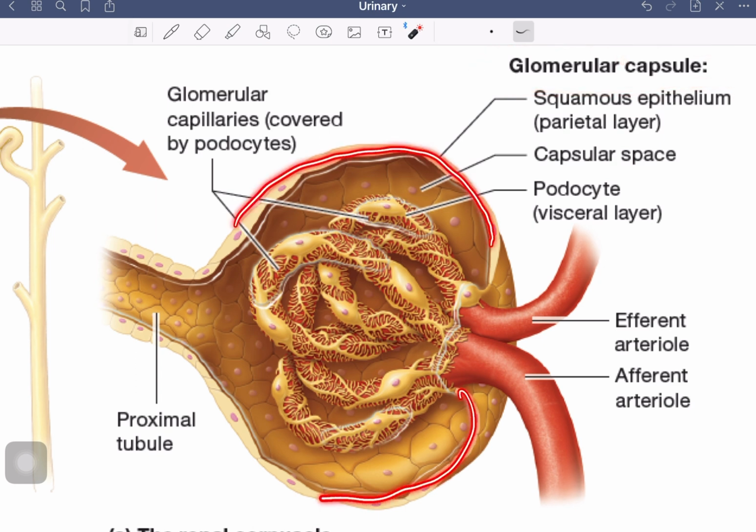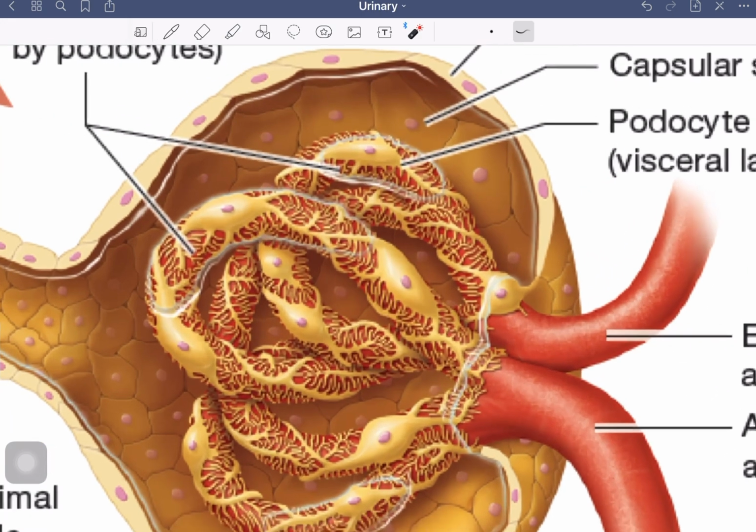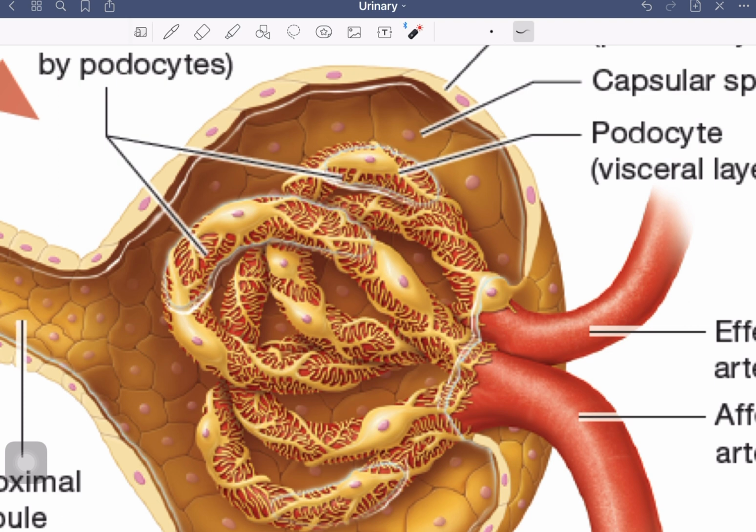That's the parietal layer. And then we have the inner visceral layer. Now remember, the visceral layer can form these podocytes, and you see how they sort of surround here. And they form something called filtration slits, because you can see there are slits. You can see there's little areas between the interdigitated, almost fingers of these podocytes.